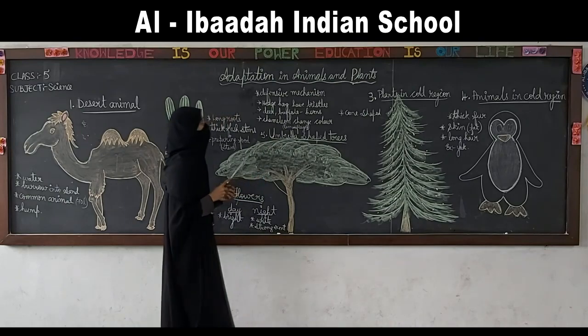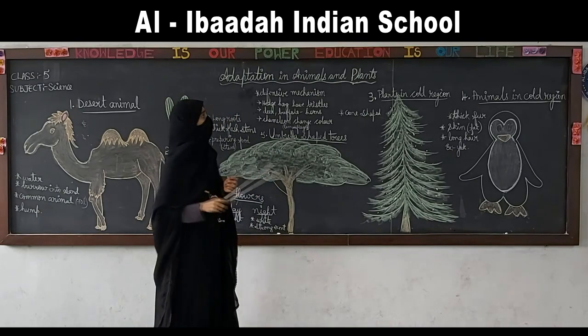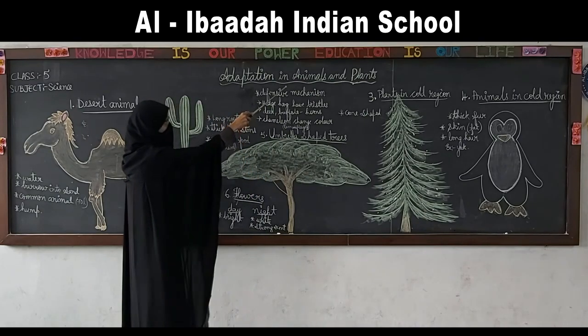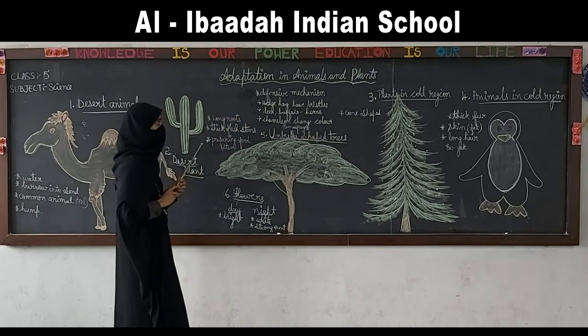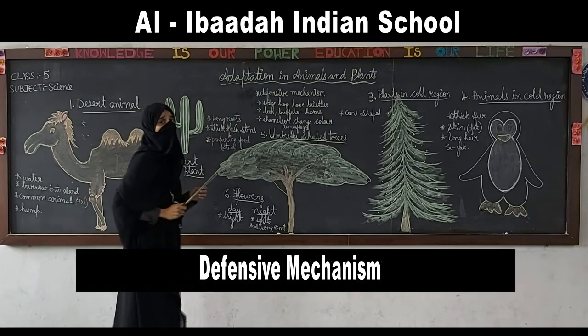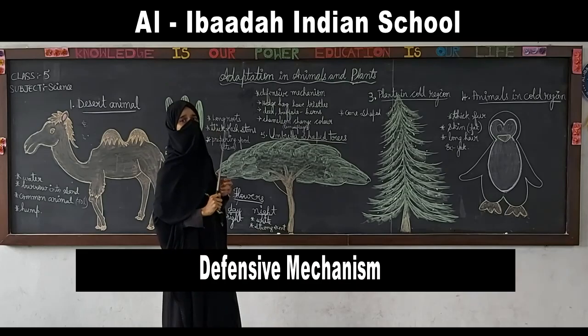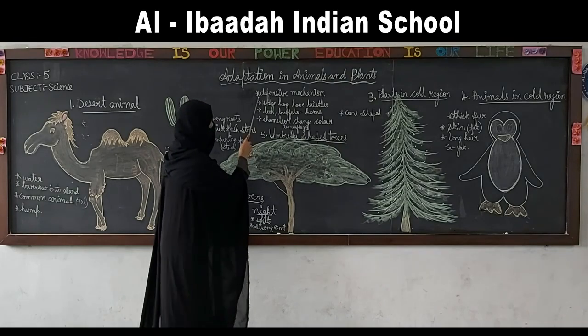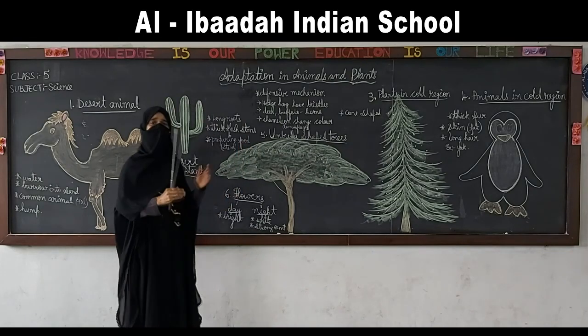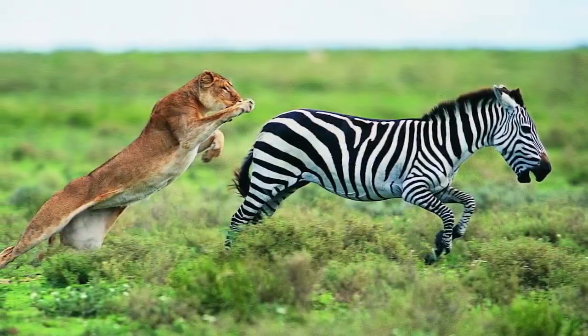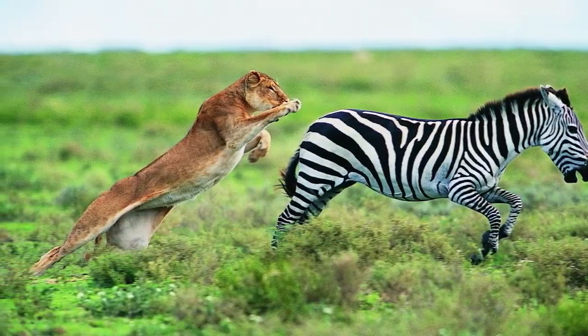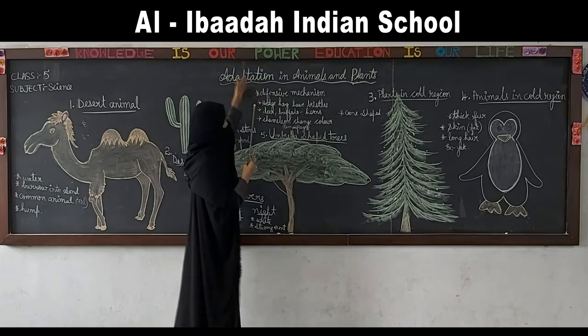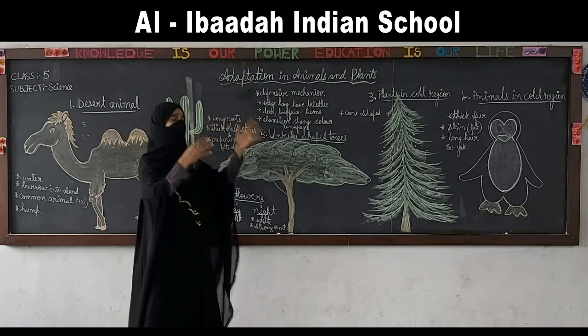Now let us discuss the features of adaptation of animals and plants. First, they have a defensive mechanism. Defensive mechanism in the sense they defend themselves from their enemies, and according to that they are adapted to certain surroundings.